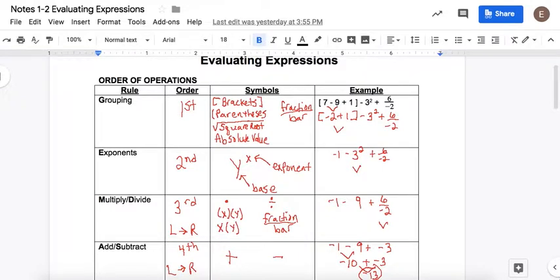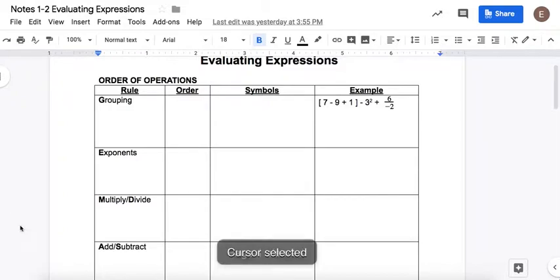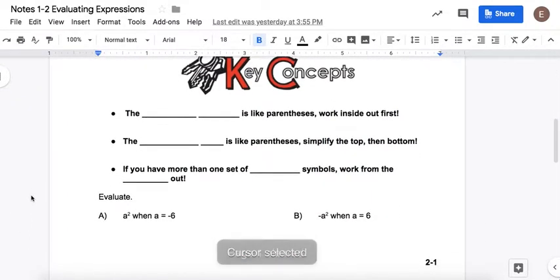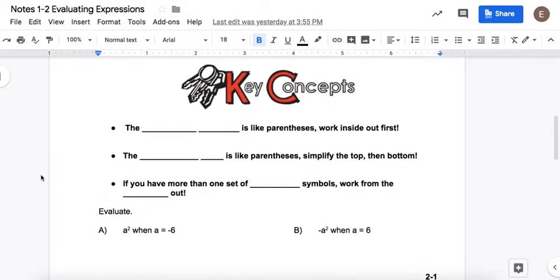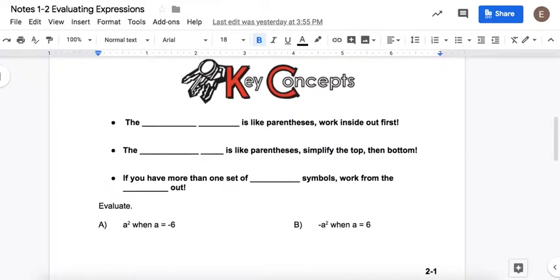So we're going to go over some of the key concepts and also point out the difference between some exponents you might see. So the square root is like parentheses, work inside out first.